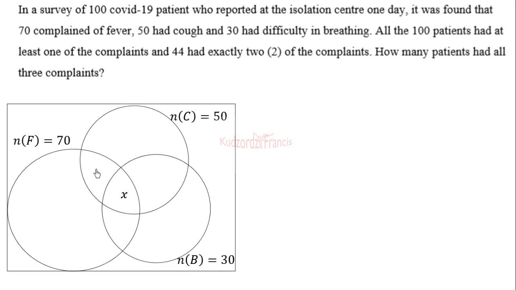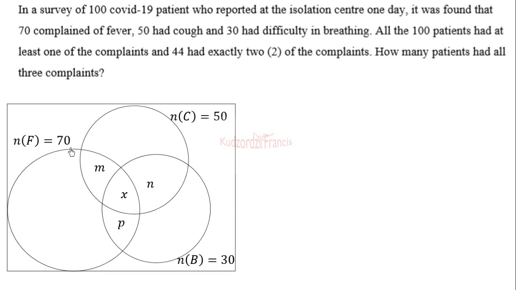Then also we use some variables to represent the exactly 2 regions. So these are the exactly 2 regions. Then we also calculate for these regions. You know that if you add this region plus this plus this plus this, it should give us 70.